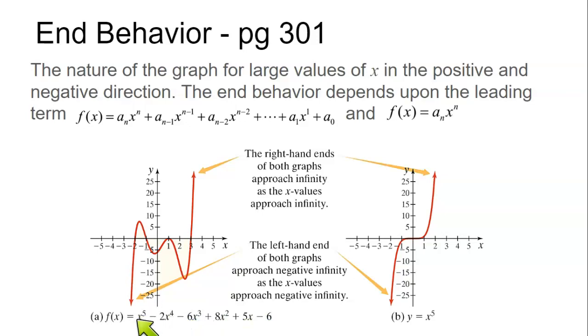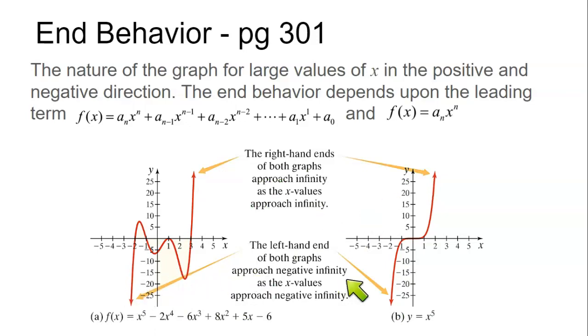And every term after x to the 5th is what affects the shape of this graph, because this is the generic or the general shape, and then all these other terms affect that shape. But when we look at end behavior, we look at, well, what is the right hand and the left hand side doing? And in both of these graphs, the right hand side of this polynomial function and this one, they're the same.